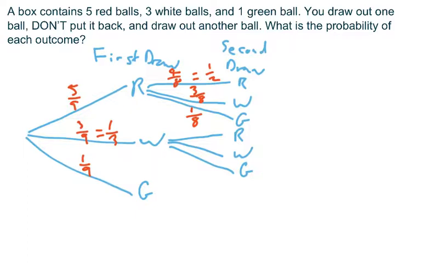Let's think about what happens here. Again, we have a conditional probability. We've had a first step where we've taken out a white ball. We started with 9 balls. Now we only have 8. But if the first ball we took out was white, then all the red balls are still there, and that would give me a probability of 5 out of 8.